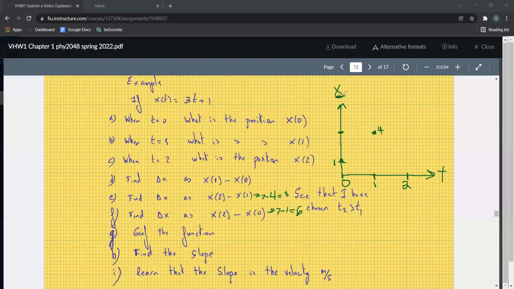I know I didn't draw the arrow all the way, but you're just going to have to forgive me. So this is our graph. And the way we can calculate slope here is our change in x over our change in t. We can do one point to the other.